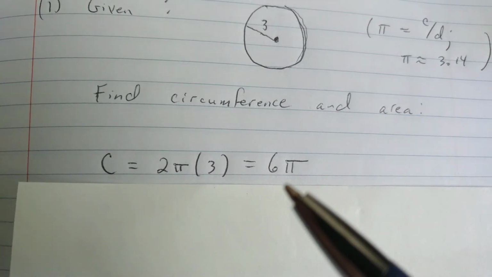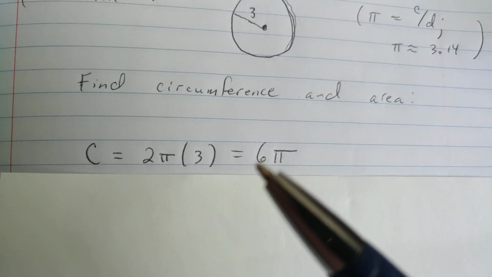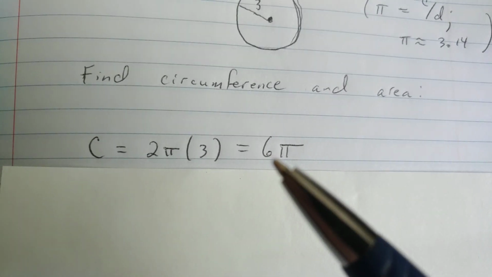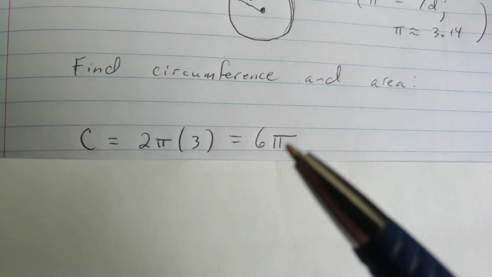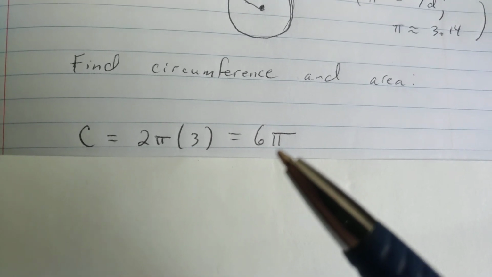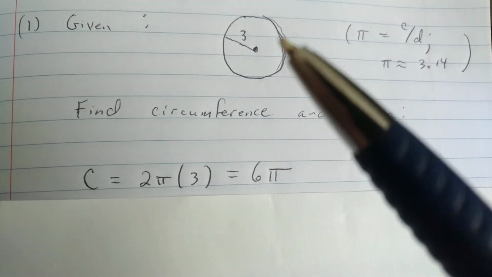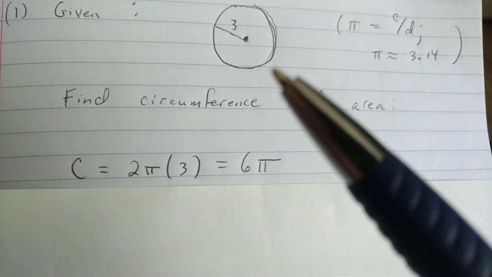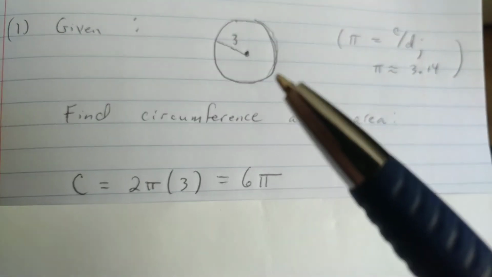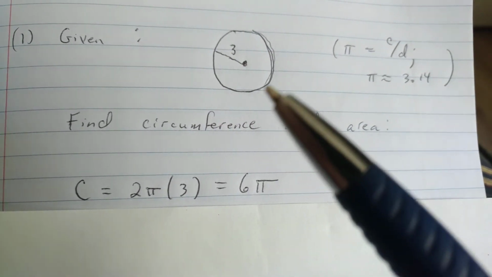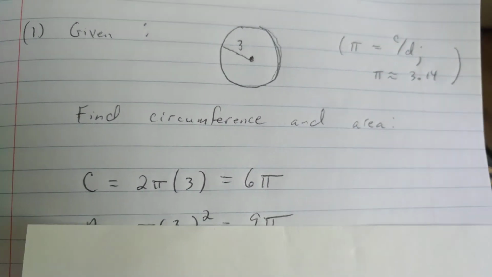The customary way to write our answers is the rational factor in front of the irrational factor. We normally don't see pi 6, we see 6 pi. So that would be the circumference of the circle, which is the distance around the outer edge of the circle. It's a linear measure.